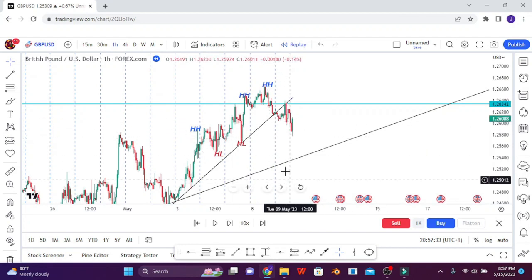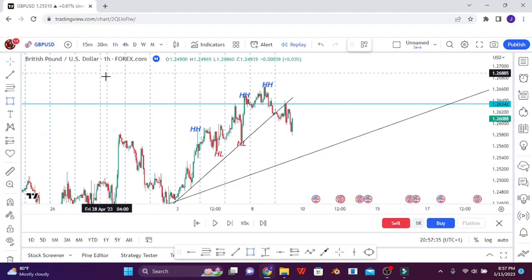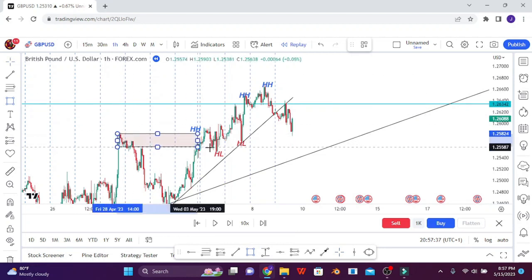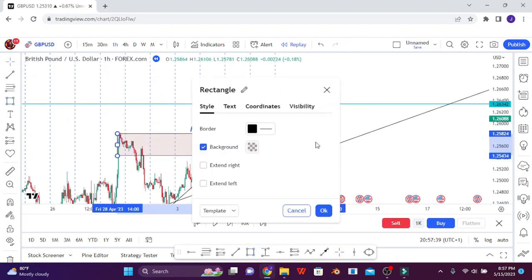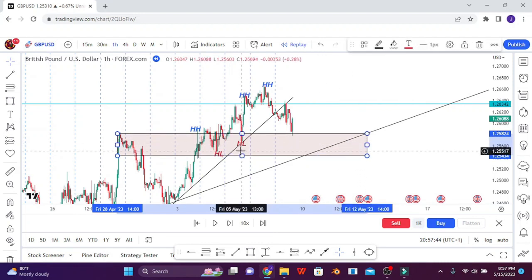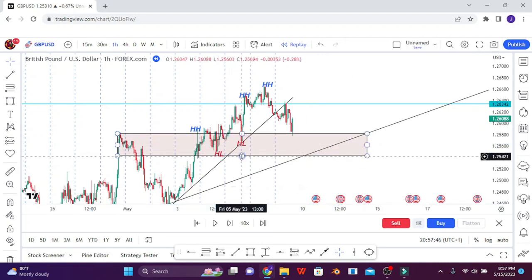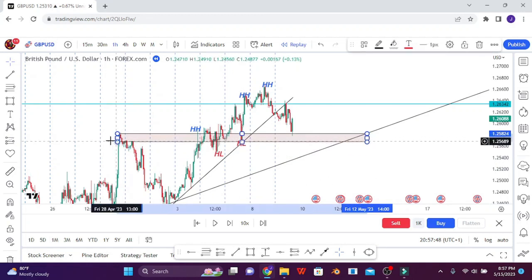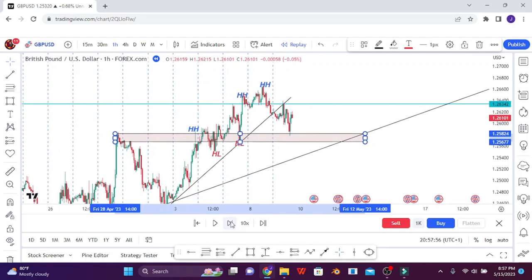Let us still spot our supports at 1 hour. You can see there's a resistance here that can support this market to push up. Let us see what happens after some waiting.